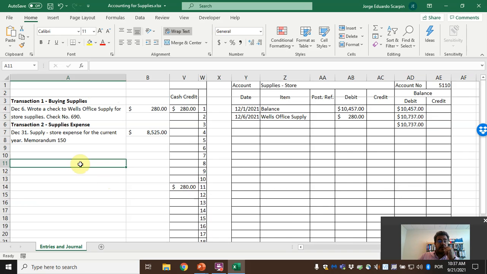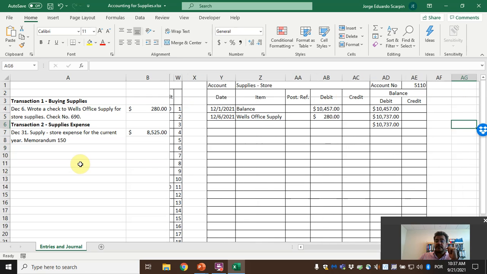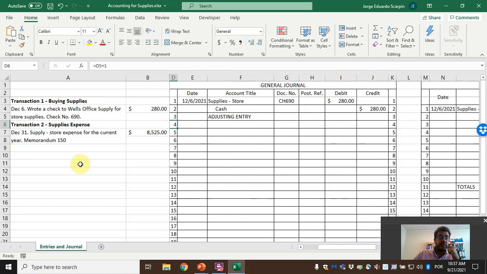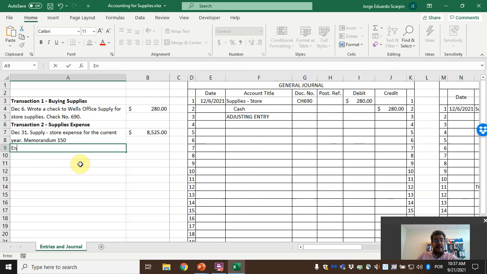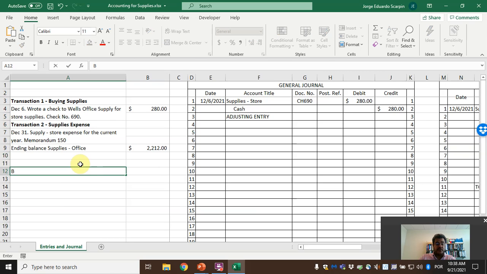So here, let's consider, I don't remember now the ending balance, 2,212. So let's consider here that the ending balance of supplies, office, should be 2,212. Maybe this number will change. So if the ending balance must be 2,212, how do we find the expense?